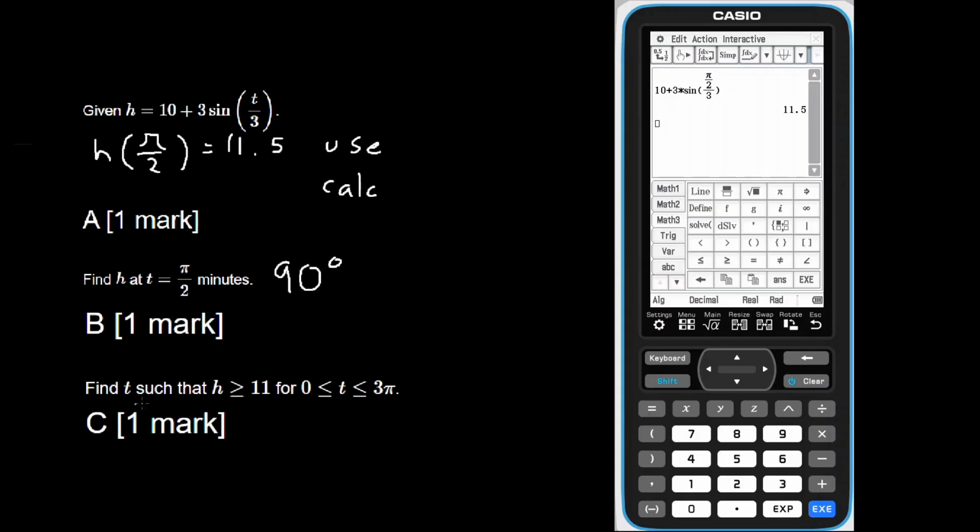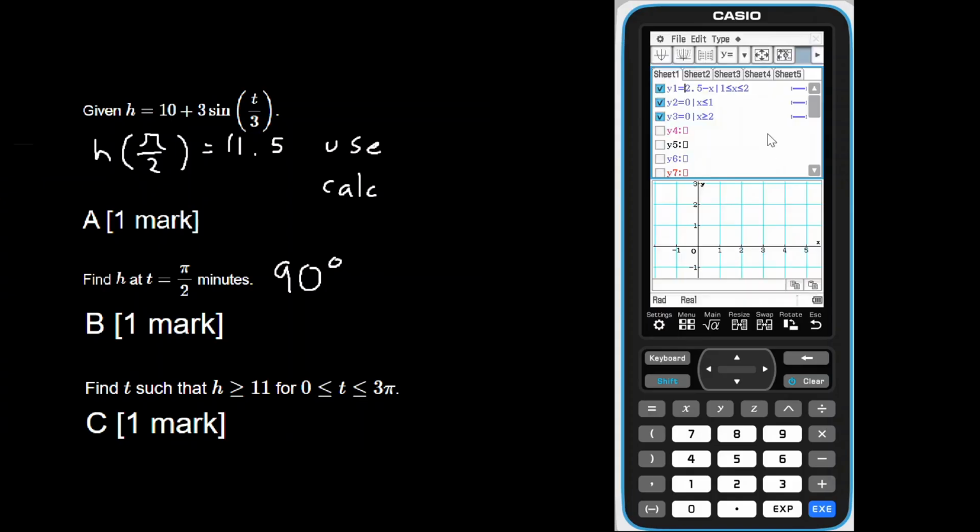Okay, we're going to find t such that h is greater than or equal to 11, and for this domain here. So let's just plot this, okay? I'm going to plot it here, and it'll make life a lot easier. So let's go to our menu, go to graph and tabs. Again, I'll remove all the previous work, and again, I'm going to plot that plus 3 sine x divided by 3.